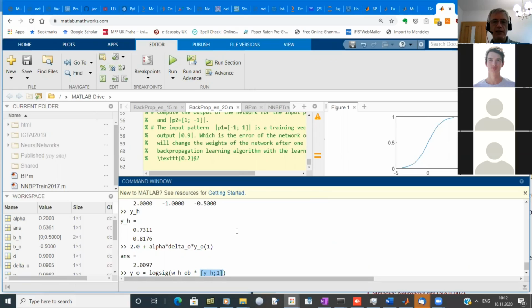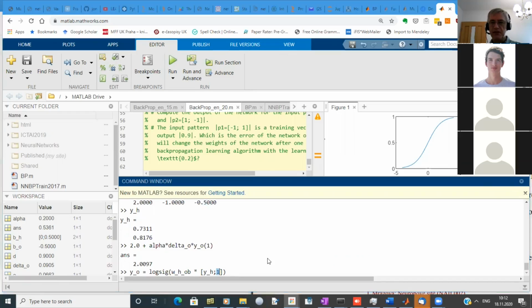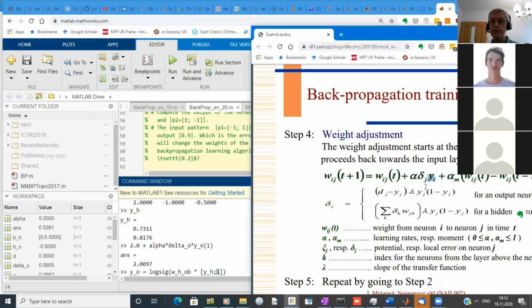So in our case, the weight matrix between the hidden and output layer is just one row, and the last element is minus 1/2. This models the weight from this virtual neuron, which has output 1. And this should be used, of course, for computing all new weights between the hidden and the output layer.